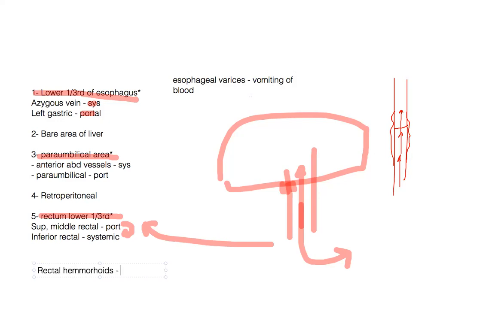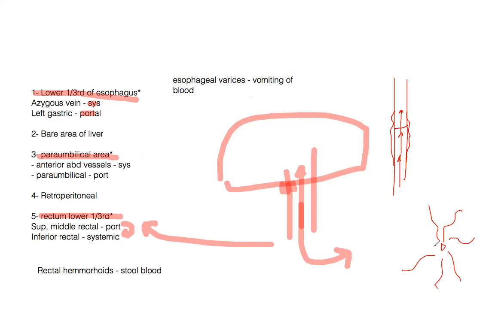Which basically you برضو end up with stool that's full of blood. And آخر واحدة في paraumbilical area, which since it's not gonna bleed, it's gonna look dilated. We end up with an appearance that looks like this, which basically this is the umbilicus. We'll end up with dilated veins that look like that, تمام? Coming out of the umbilicus.